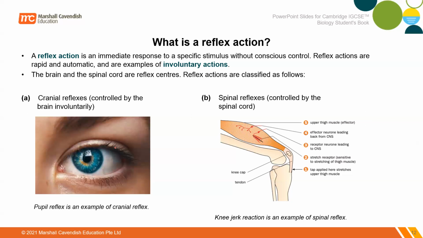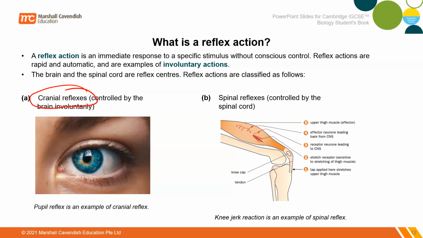The pupil reflex action is called a cranial reflex, because if you find this word in the exam, don't say we didn't take it before. Or spinal reflexes. Cranial reflexes are reflexes controlled by the brain. The spinal, from the name, is a kind of immediate response controlled by the spinal cord.